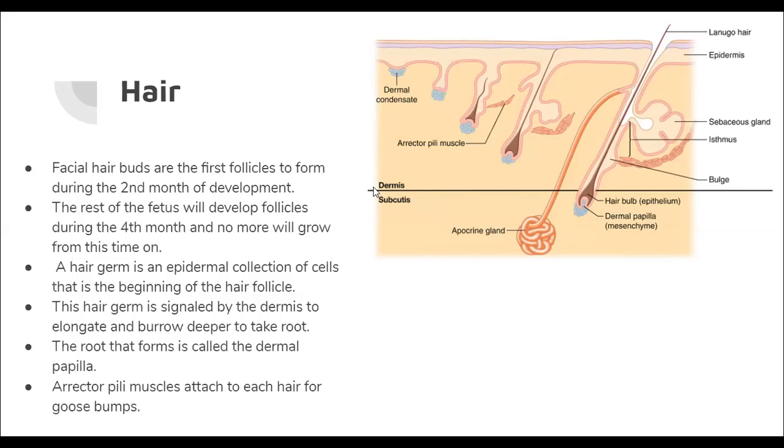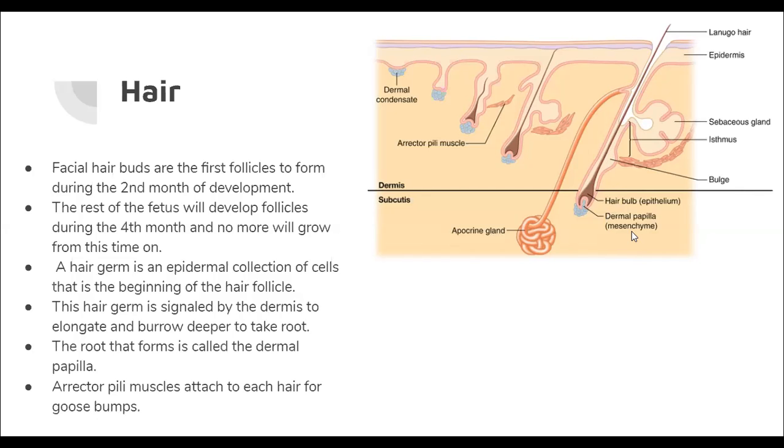So there's signaling that calls the condensate down, and it brings it into the shaft-like structure here. I don't know if you can see my mouse or not, but it goes down the shaft and will burrow itself and become the dermal papilla, or the mesenchyme, the mesodermal cells as well.